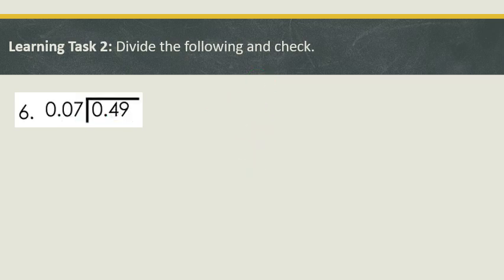And last, number 6. Move tayo ng dalawa kasi dalawa yung kailangan natin. Dito rin, 1, 2. Magiging 49 divided by 7. 49 divided by 7 is 7. 7 times 7 is 49. And 49 minus 49 is 0. So, ang answer natin is 7.